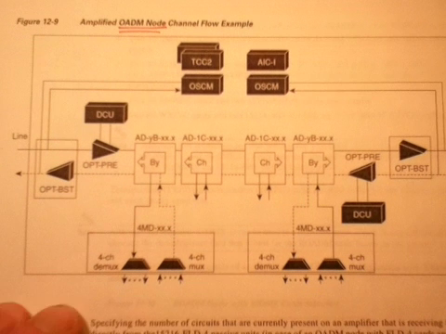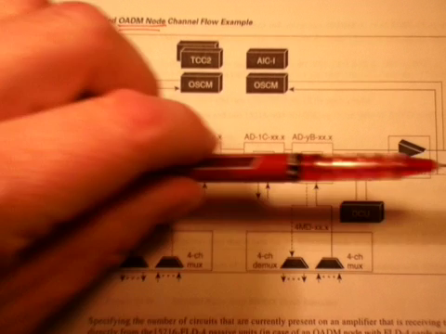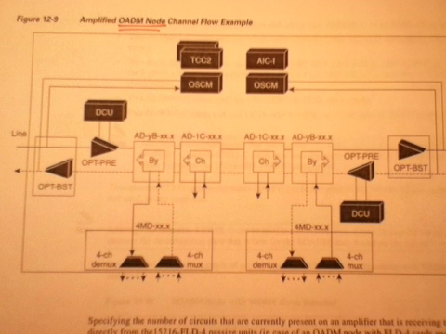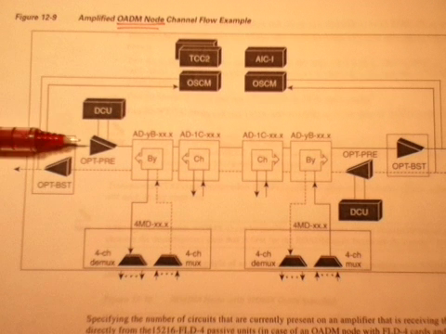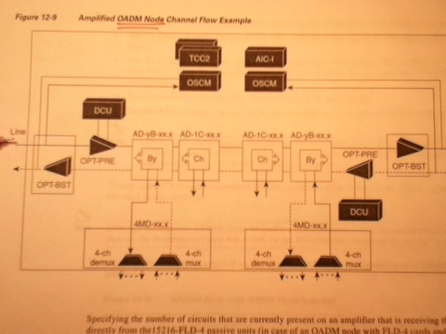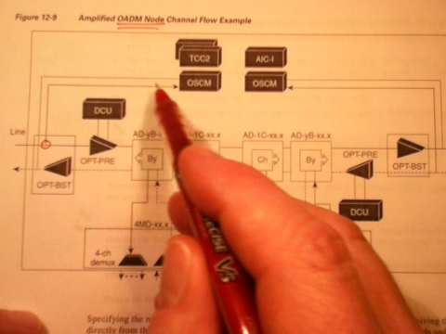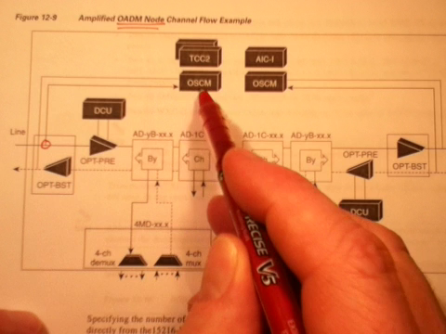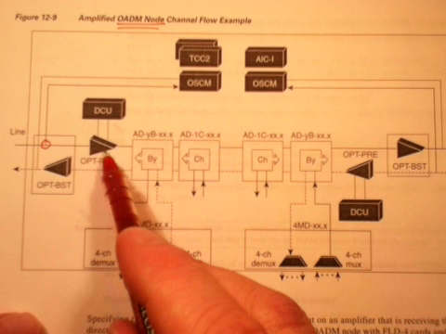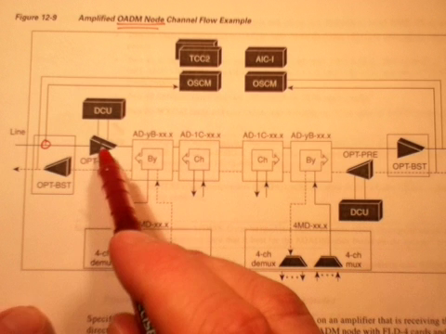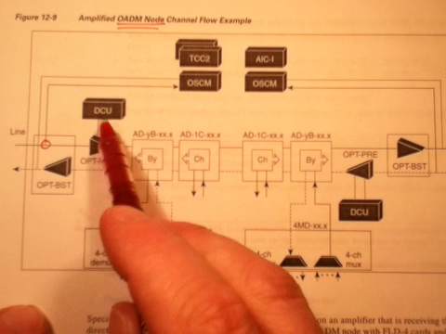In this node, hopefully you're fairly familiar with this by now, we have bidirectional capabilities. We have a line in here, and the very first thing that happens on that line in is we pull off the optical supervisory channel, and then we send it into an optical preamp with mid-stage dispersion compensation.